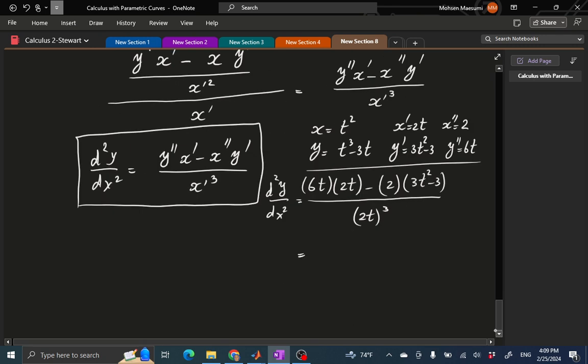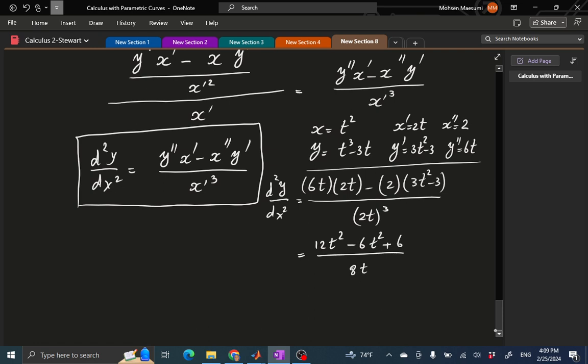Let's clean up. This is 12t squared minus 6t squared plus 6 over 8t cubed. So 6t squared plus 6 over 8t cubed. Divide by 2, we get 3t squared plus 3 over 4t cubed.